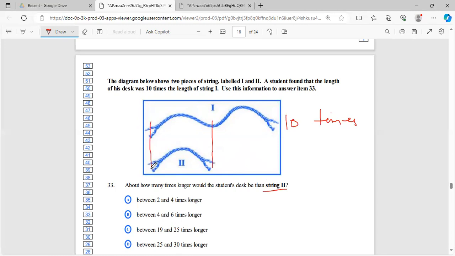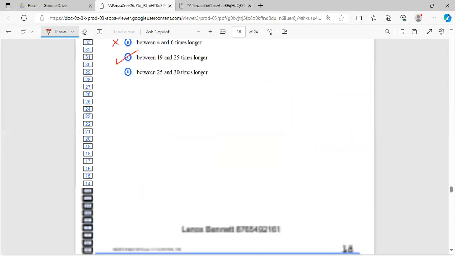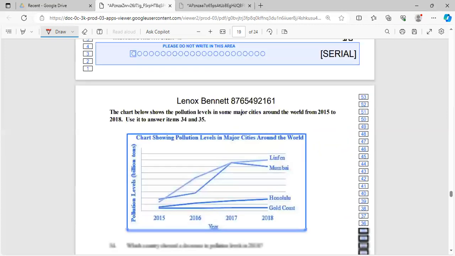So if it is 10 times, it can be between 2 and 4. I would definitely say between 19 and 25, because at least 20 times, because this is shorter and it's going to take more. Alright. Very nice question. Make them think.